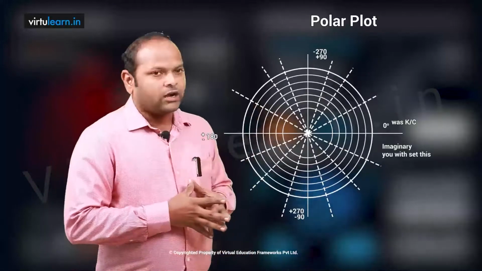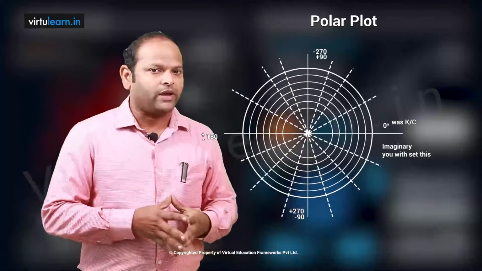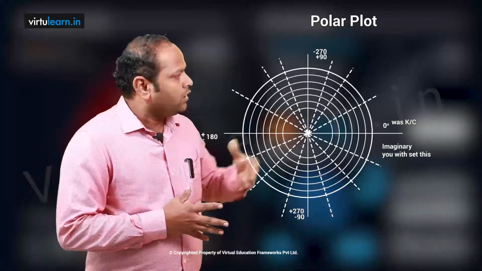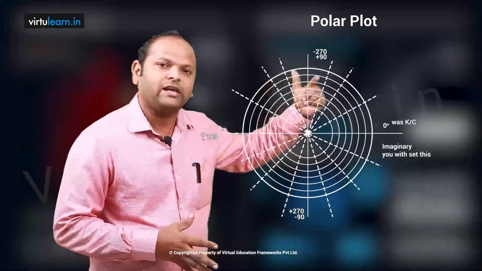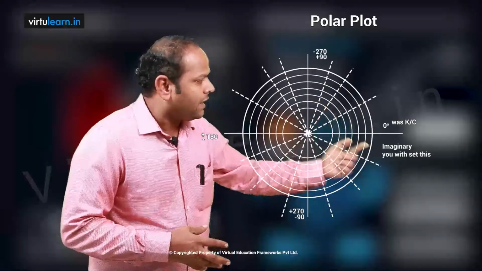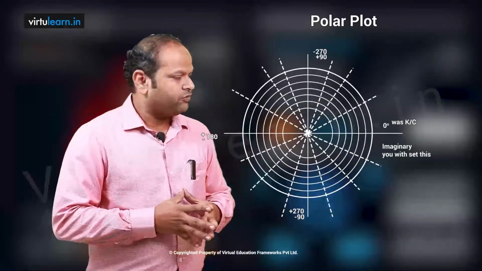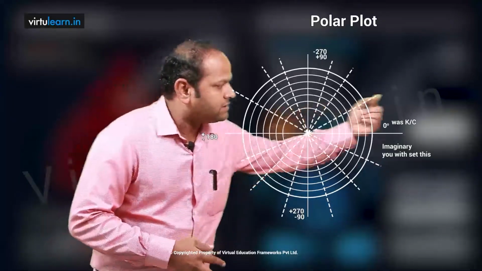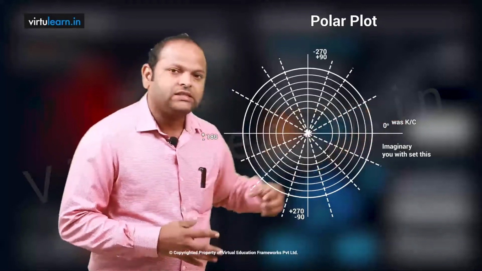Now, in this polar graph sheet, we have x-axis and y-axis. They are the major axes, you can say. Now, in this particular plot, we have phase angles. So, from the center, all the radial lines indicate the phase angle. From the center to the right side, let us say it is the positive real axis in S-plane, so that is the zero angle.